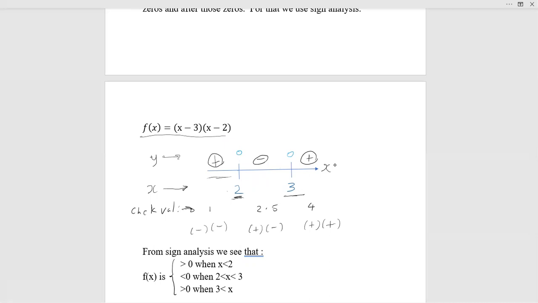If you use 1 here, in the first parenthesis we get 1 minus 3, and 1 minus 2. 1 minus 3 is negative 2, and we just want the sign, don't worry about the number. 1 minus 2 is negative 1.